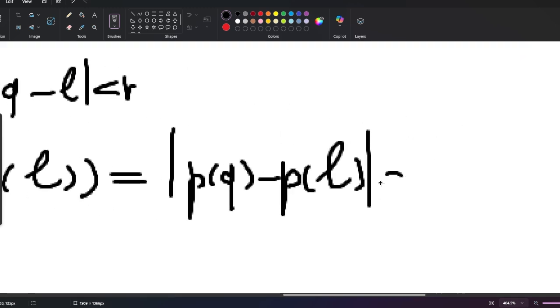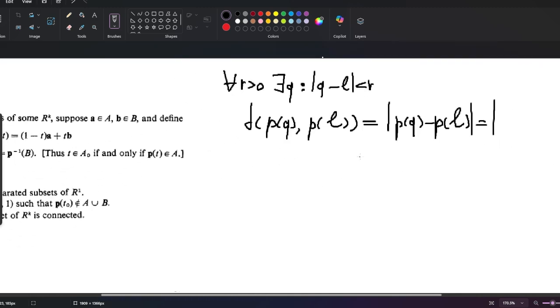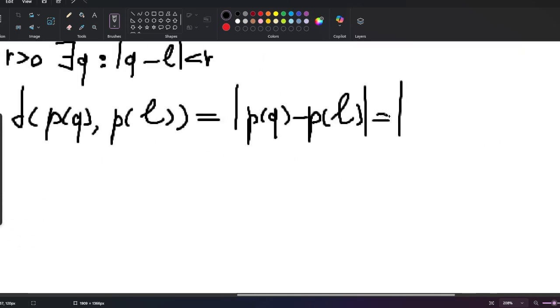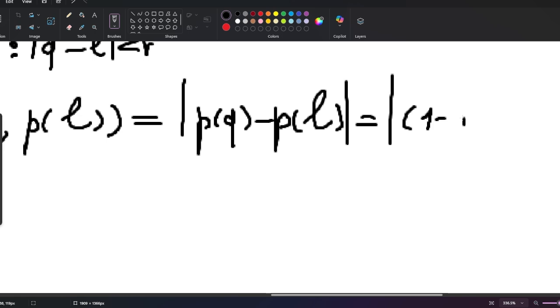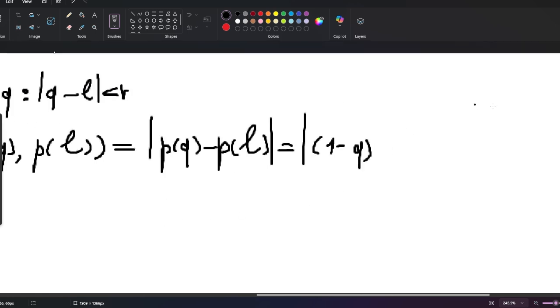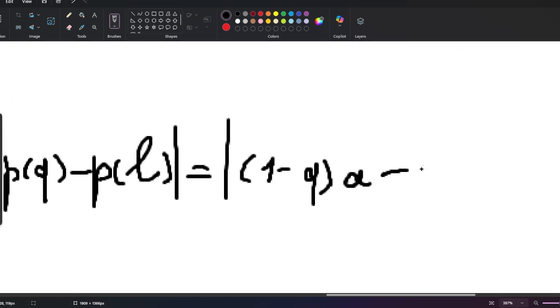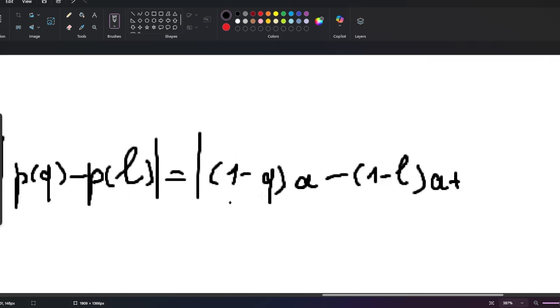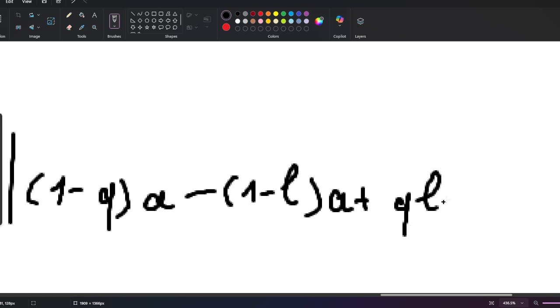Next, we can just directly find the points. It's going to be ((1 minus Q)A plus QB) minus ((1 minus L)A plus LB).